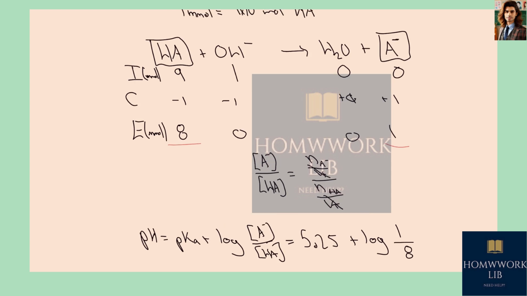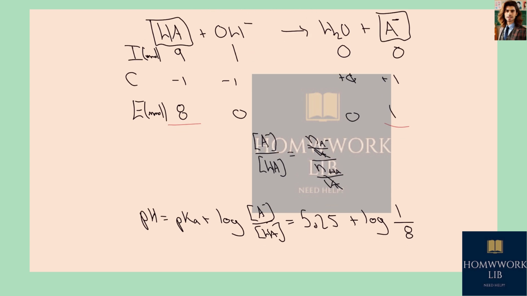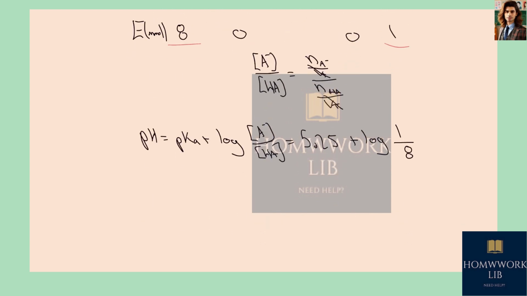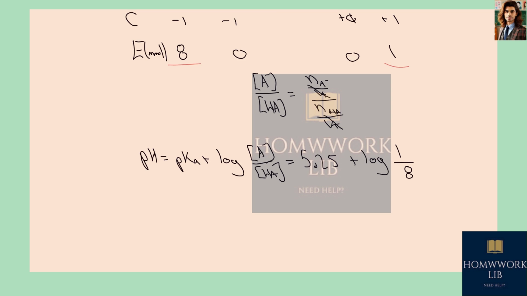Logarithm of 1/8, which is equal to minus logarithm of 8 if you want. So the pH for this result is going to be 4.347. So this is the pH when we have added only 1 millimole of the strong base.